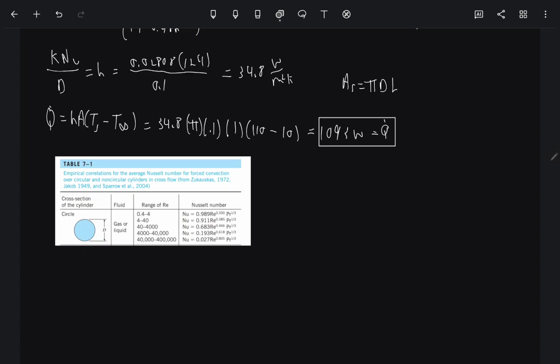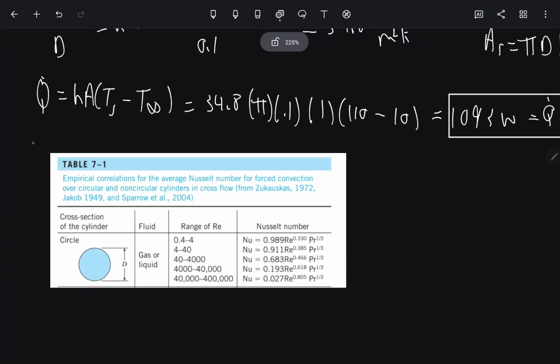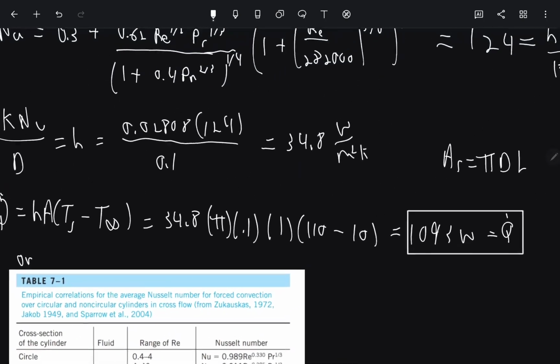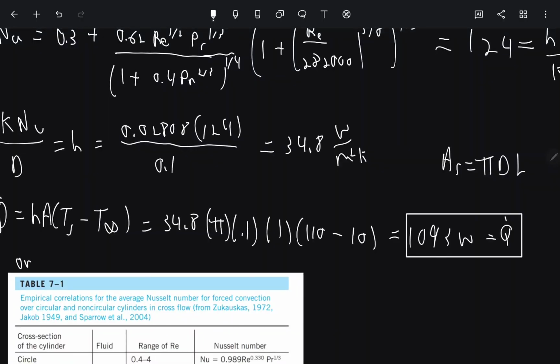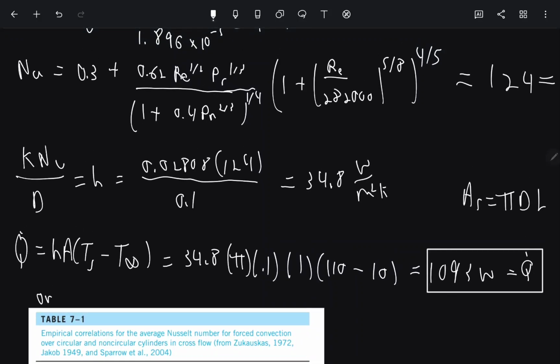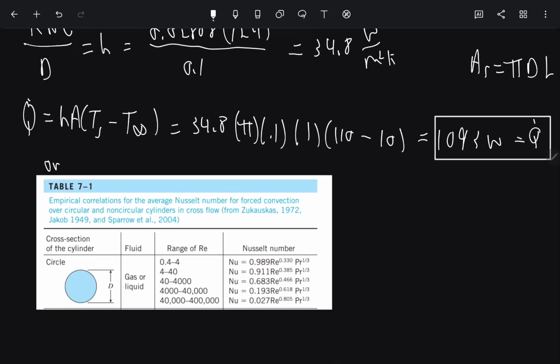There's actually another way to get the Nusselt number. You could get it from the experimental approximation, or you can get it from this table.